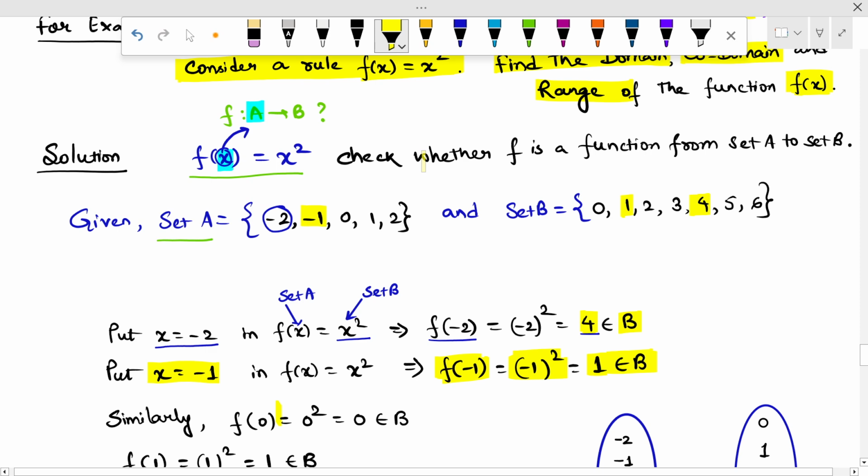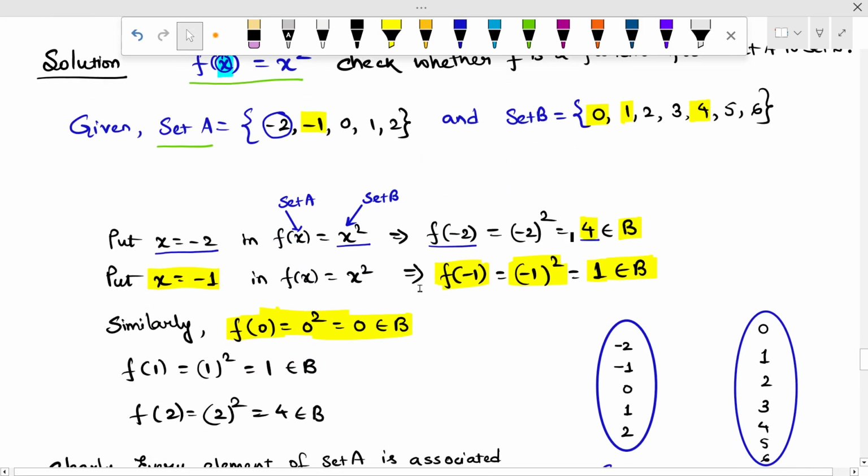Similarly, you can put x equal to 0 and find the value of f(0) as 0², which is 0, that belongs to B. Similarly, you can put x equal to 1 and get 1, right? And you can put x as 2 and get 4, right?